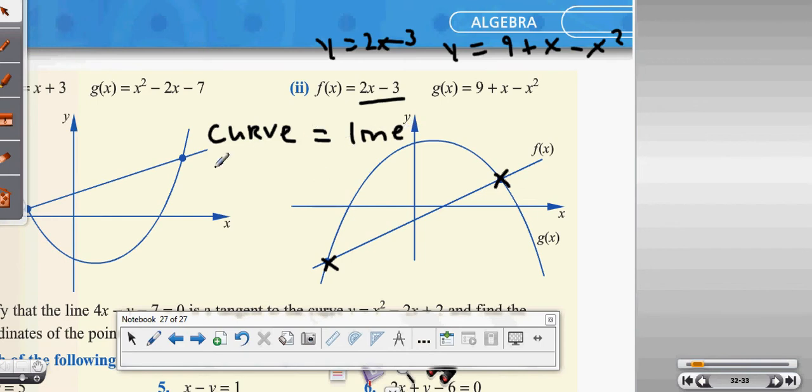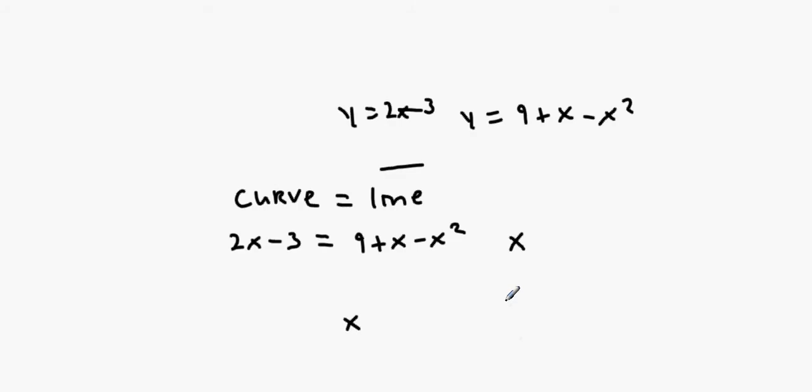So what this is going to end up as is 2x minus 3 equals 9 plus x minus x squared. Now, with this in mind, we need to solve this equation. So we can take all the numbers over to one side.